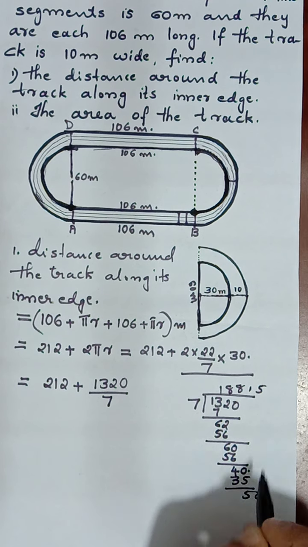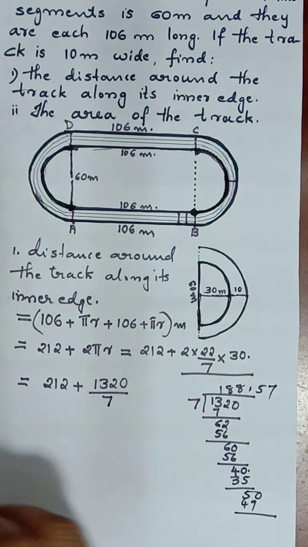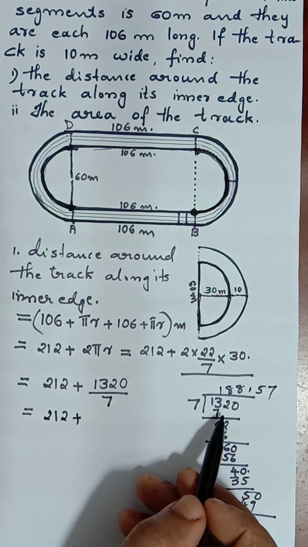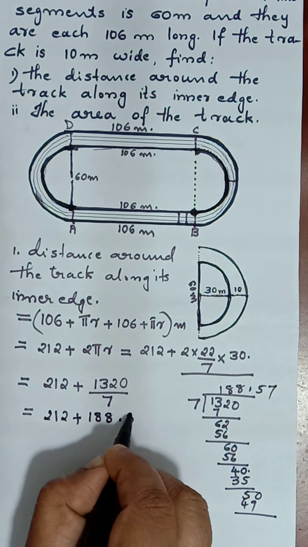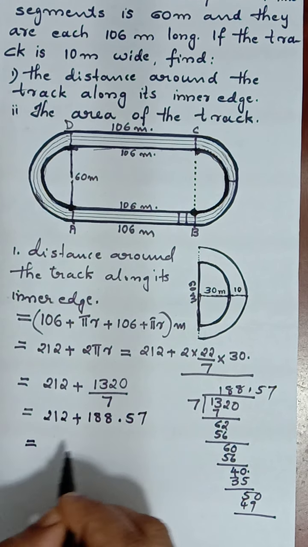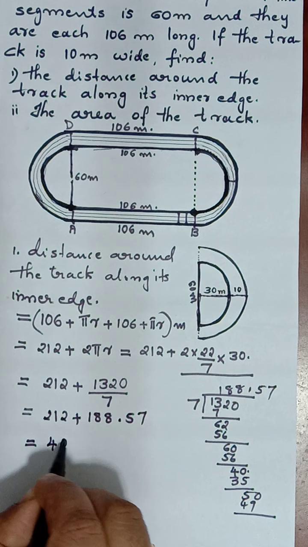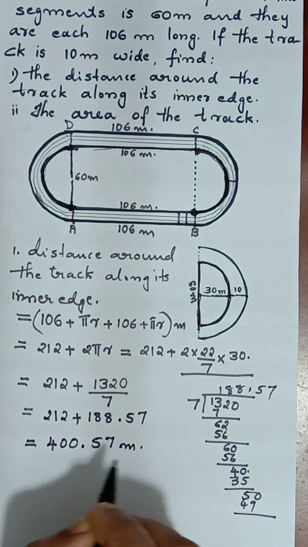Remainder 5, 0, 7 7s are 49, it goes on. Okay, so here we have 212 plus 1320 by 7, which is 188.57. We have to add both. What do we get? Isn't it 400.57 meter?